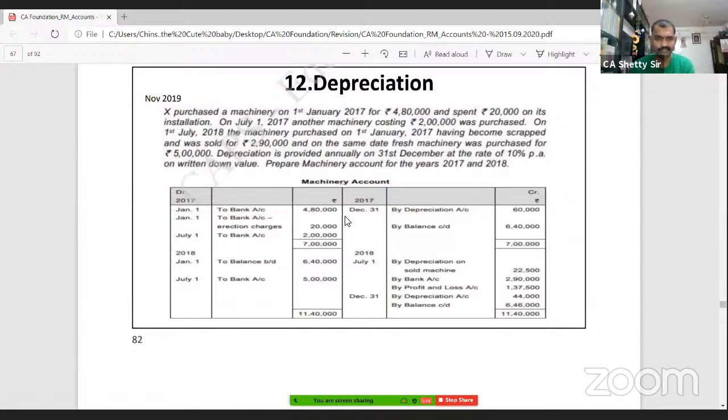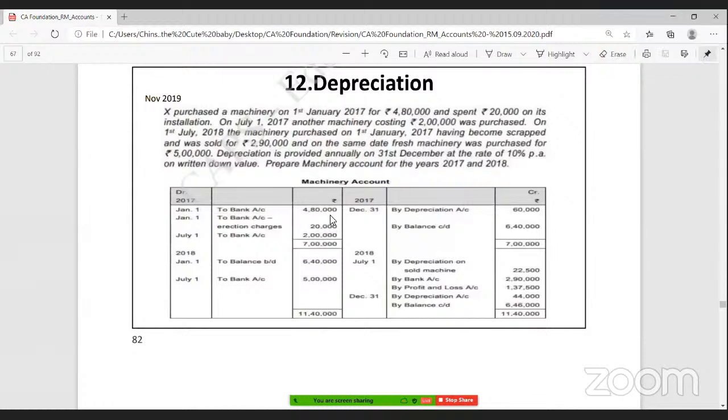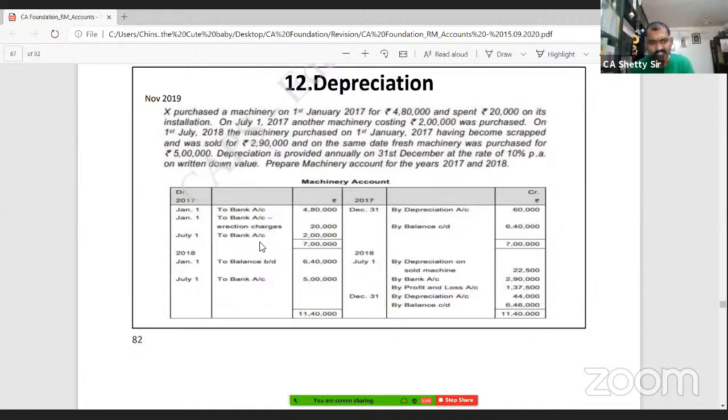Depreciation for 2017: 5 lakh into 10% into 1 year, plus, start a bracket, 2 lakh into 10% into 6 by 12 months. Look at the data. These two are at the beginning. 480 plus 20, 5 lakh, for 1 year. This is on 1st July.